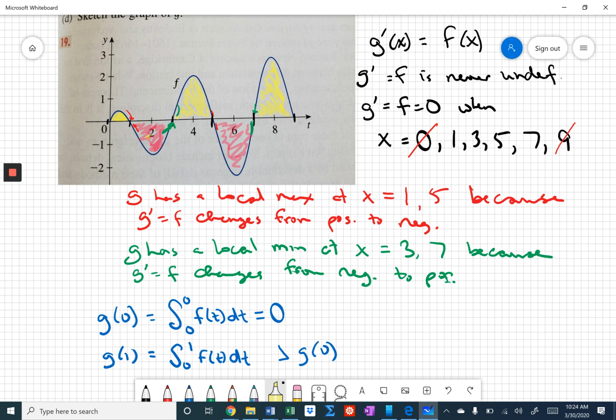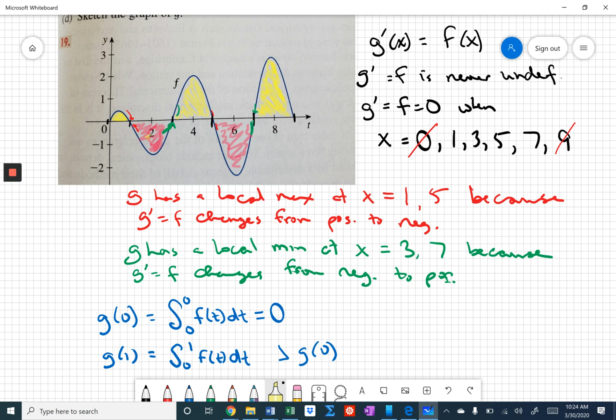So let's just make an assumption here, and if it was a little clearer in the graph, we can make it more definitive. But let's say there's more yellow area than pink area here, and so g of 9 is going to be bigger than g of 5, which is also bigger than g of 1, and so the absolute maximum will occur at g of 9.